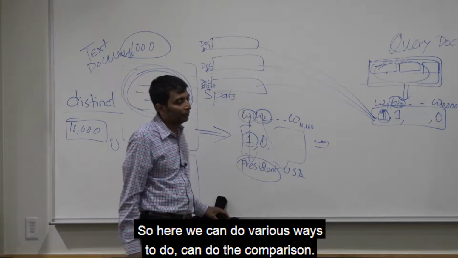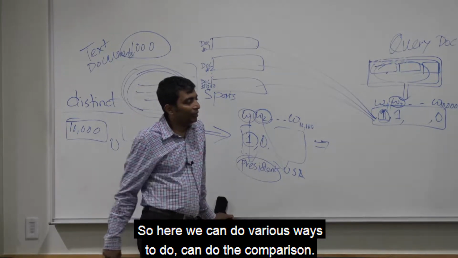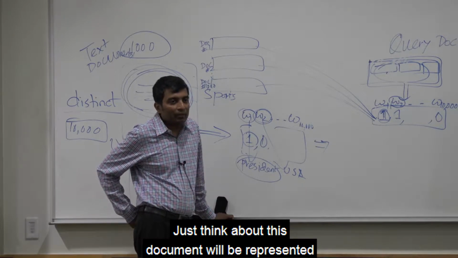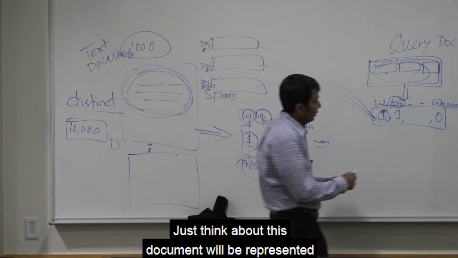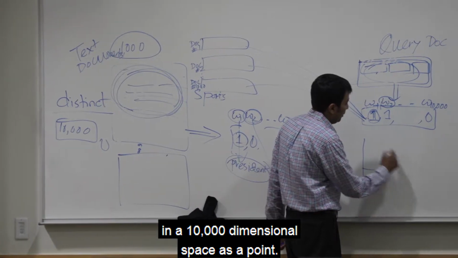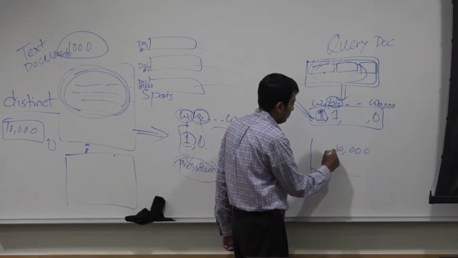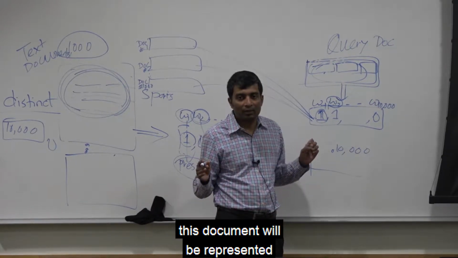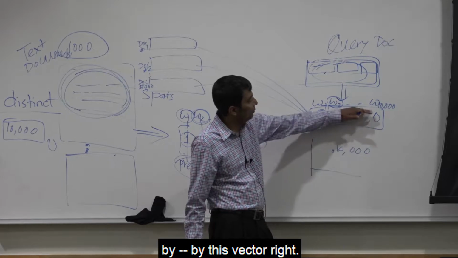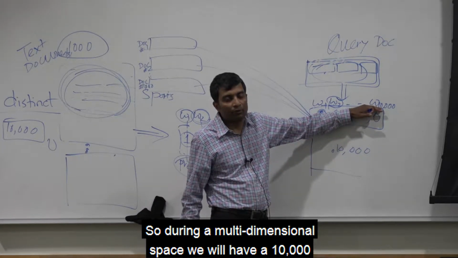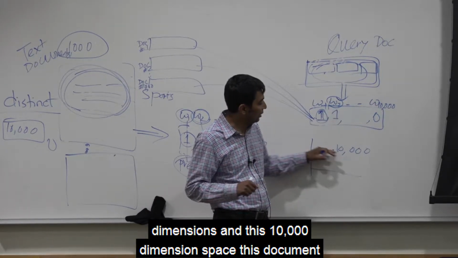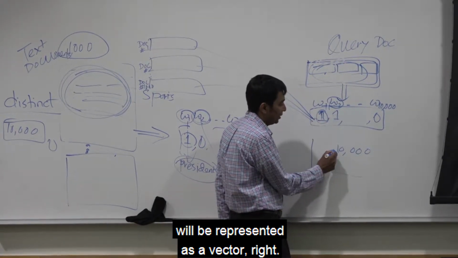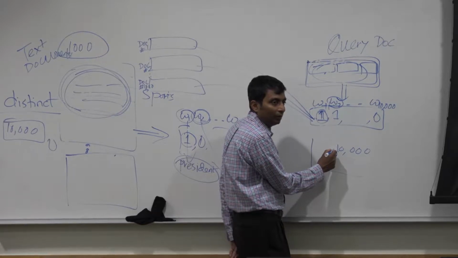So how do you compare it? Here we can do the comparison in various ways using Euclidean space. Just think about this document being represented in a 10,000 dimensional space as a point. In this 10,000 dimensional space, this document will be represented as a vector, as a point.